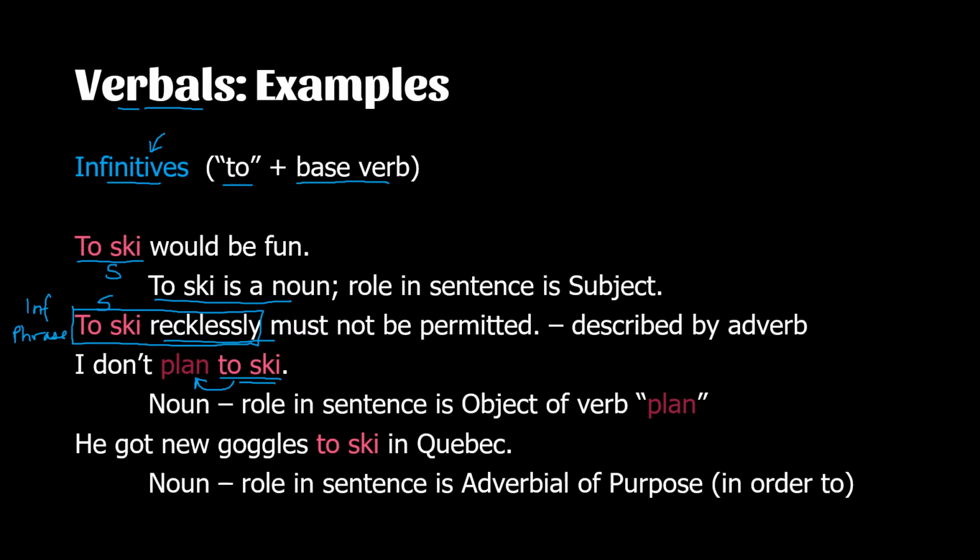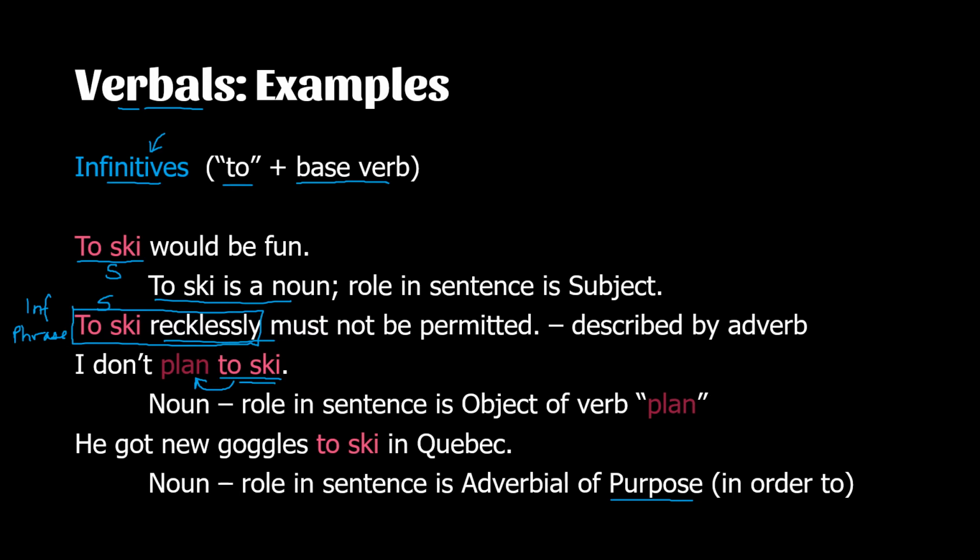Another use of infinitives is completely different. So even though it is a noun, because it's a verbal, in this sentence, he got new goggles. If I ended the sentence there, that would be okay. But let's say I want to tell you the purpose. What was the purpose of his getting new goggles?